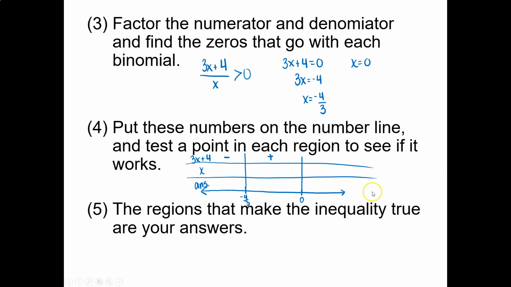And then you'll pick a number bigger than 0. So that could be anything, but what number bigger than 0 do you want to try? 1. So 3 times 1 is 3, plus 4 is 7, also positive.